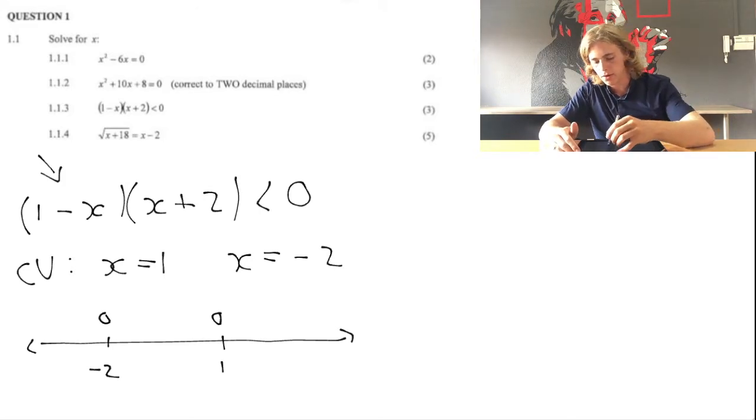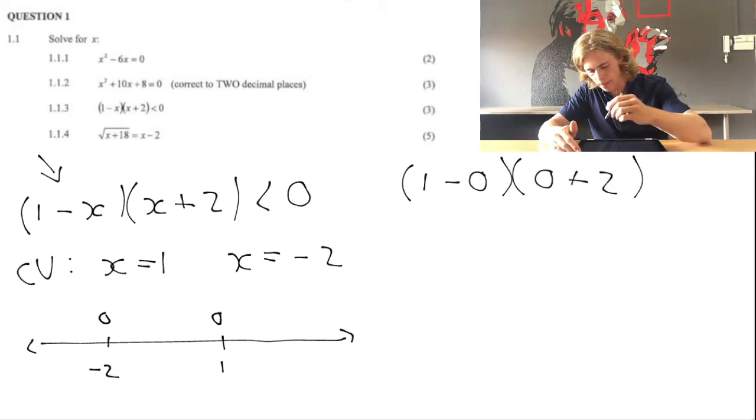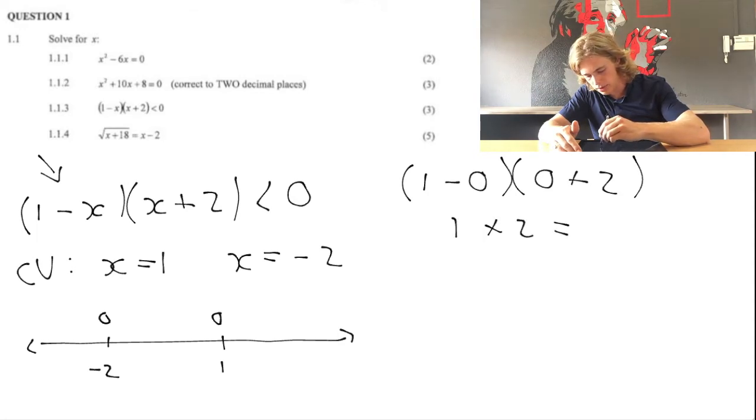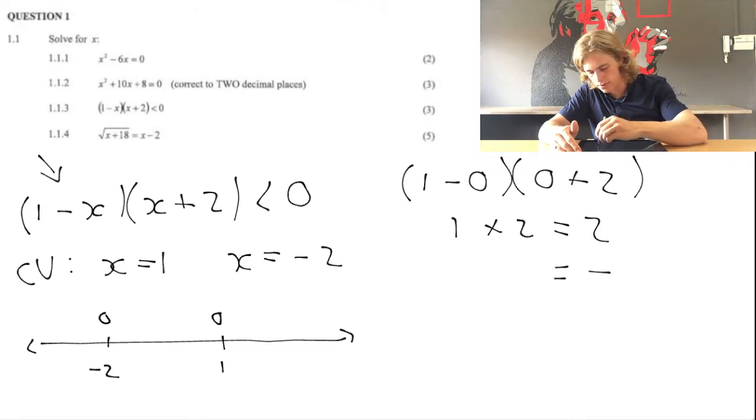An easy one is 0. So we will then have in the brackets 1 minus 0, bracket, and we're going to have 0 plus 2. And that's going to be 1 times 2 equals 2. We can see that it equals a positive number.